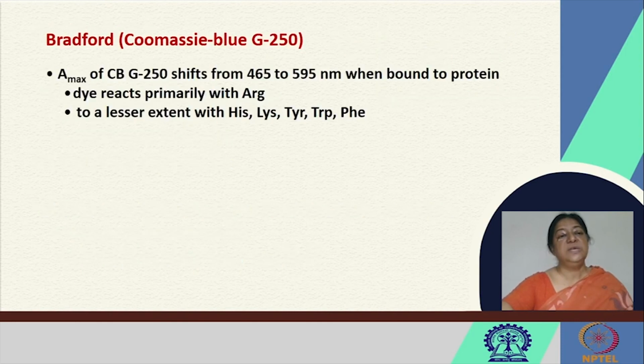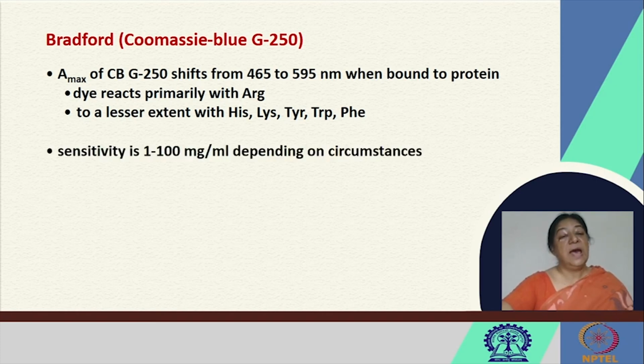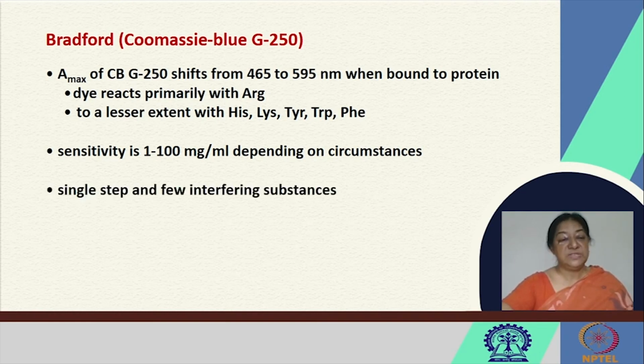Another method is using a dye where the absorption maximum shifts from 465 to 595 when this Coomassie Blue G250 is bound to the protein, because it reacts primarily with arginine, and we have good sensitivity. So we can take a drop of our eluted sample and mix it with the Bradford reagent to see whether we have our protein of interest.